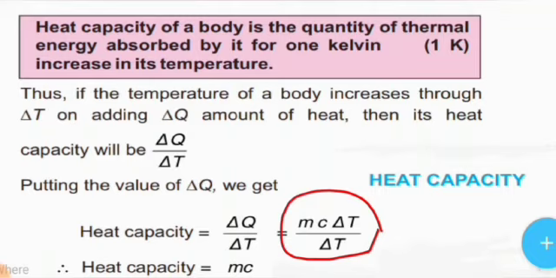Here m is the amount of substance in kilogram and c is the specific heat capacity of that body.